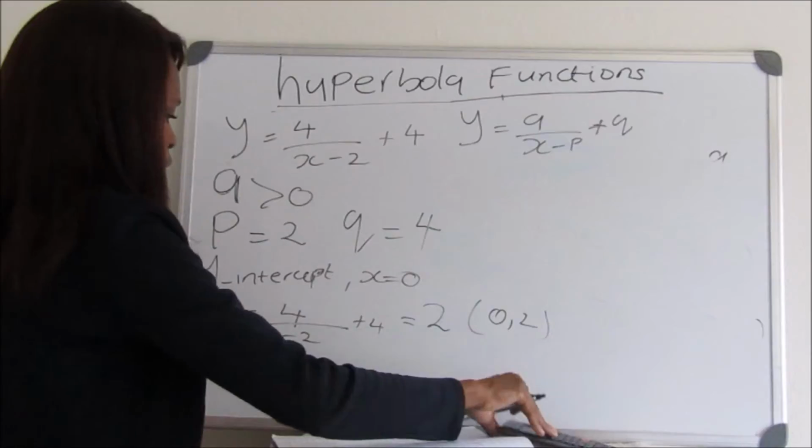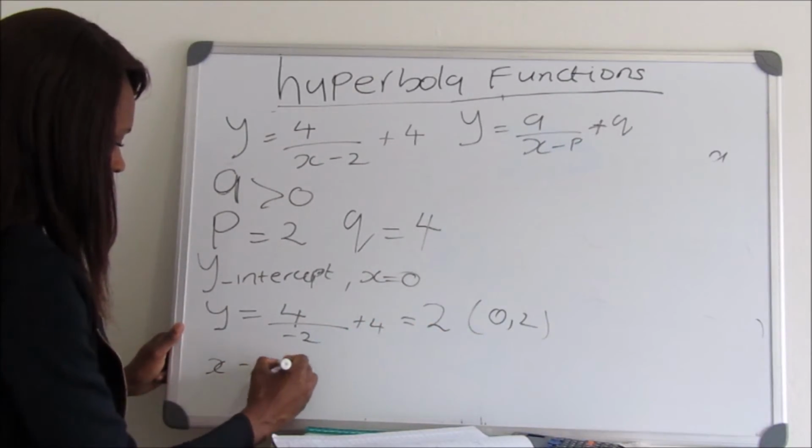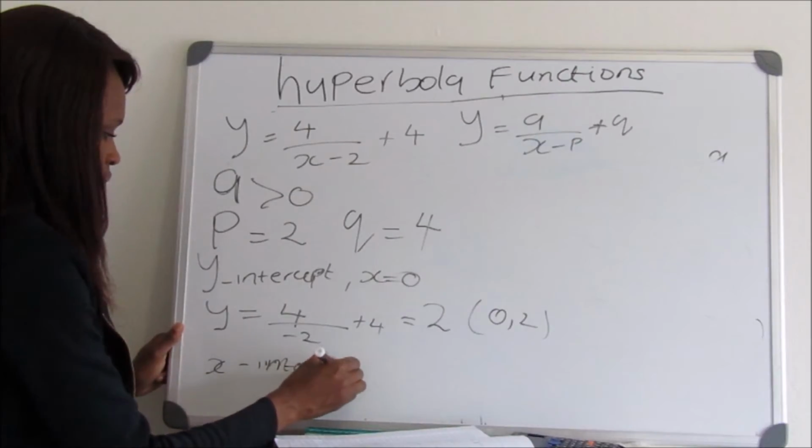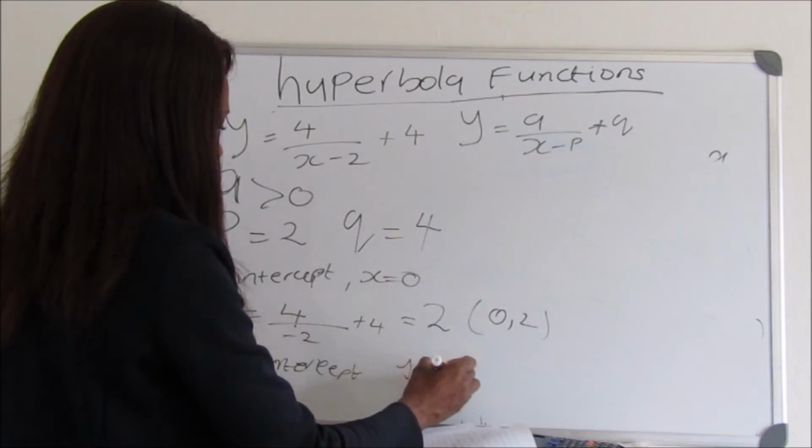Then to find the coordinate for the x-intercept, we make y equal to 0.